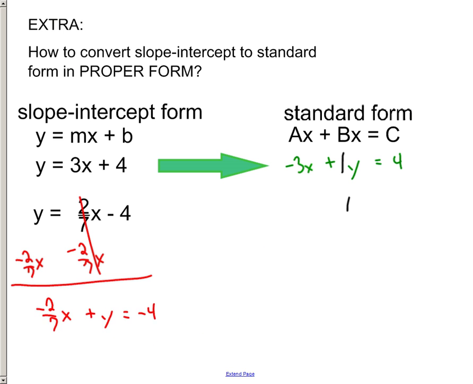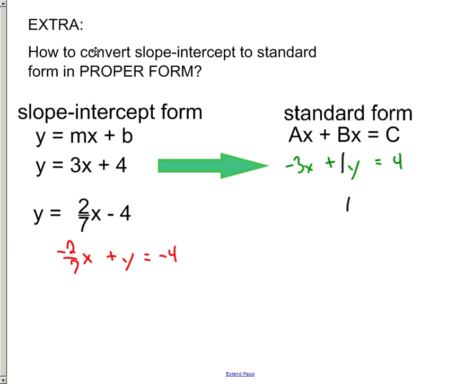Well, let's bring it down here and have a little bit more room to work with. There is that rule that what you do to one side of an equation, you have to do to the other side. But also, when you're messing with one term, you better mess with all the terms in a certain way. Do you see this negative 2 is being divided by 7?